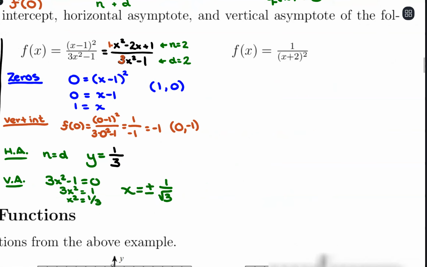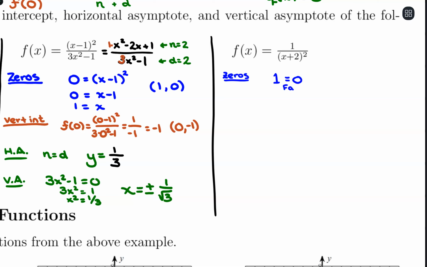All right, last one here, 1 over x plus 2 quantity squared. So for the zeros, we're going to take that numerator, which is just 1, and set it equal to 0 and solve, but there's nothing to solve for. We just end up with a statement, 1 equals 0, which is a false statement. So what that tells me is that there's no zeros.